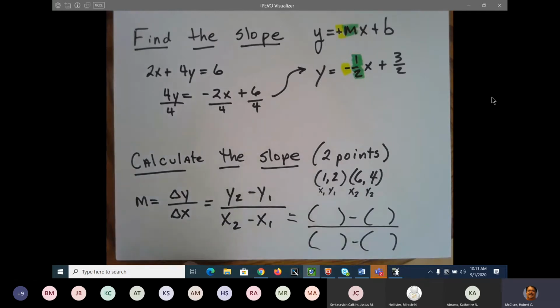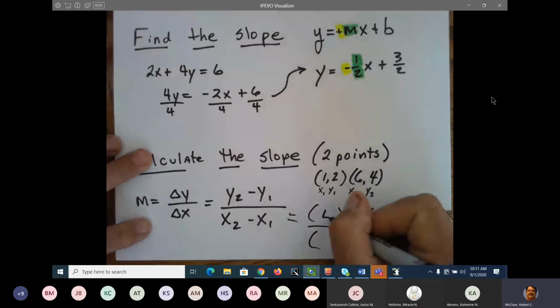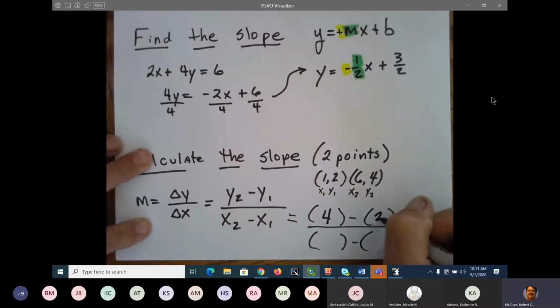Why? Because they're not always going to be nice positive numbers. Sometimes they're going to be decimals. Sometimes they're going to be fractions. Sometimes they're going to be positives. Sometimes they're going to be negatives. So I would highly suggest that you use parentheses. All right, Y sub 2 is 4, X sub 2 is 6, and X sub 1 is 1.